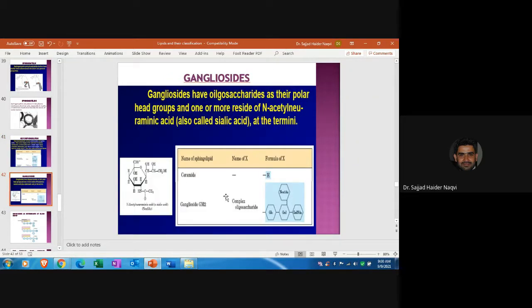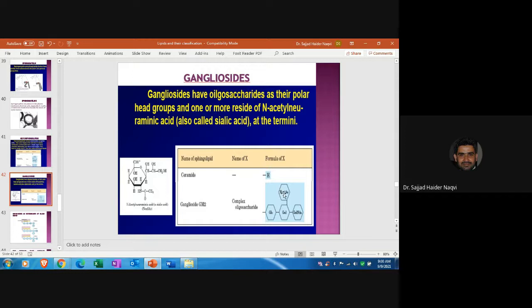And when you have more than two, or rather I would say an oligosaccharide moiety attached with a ceramide, that results in the formation of gangliosides. And they have an attachment through the N-glycosidic linkage.